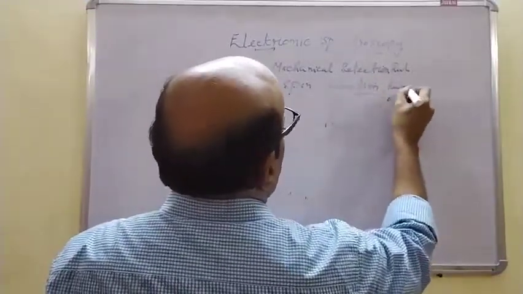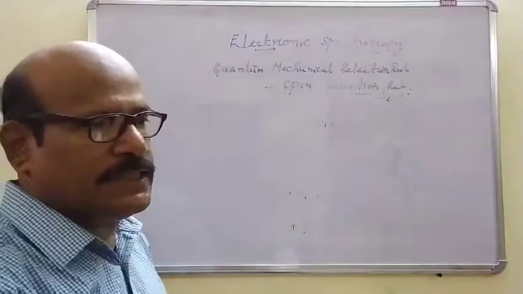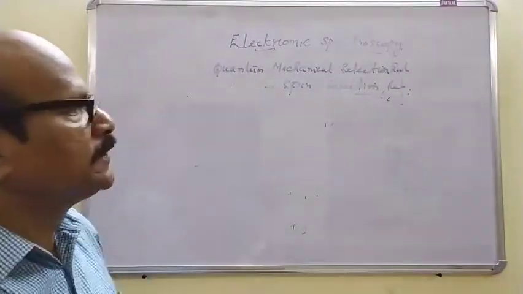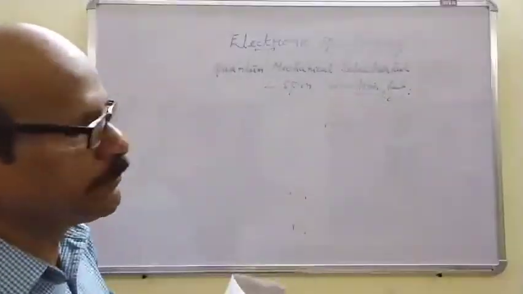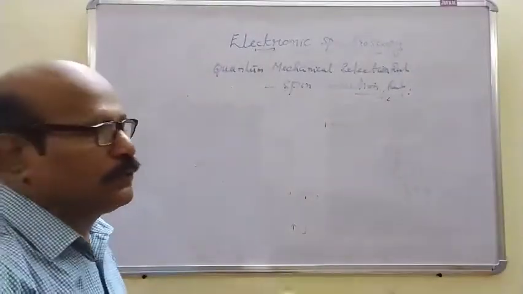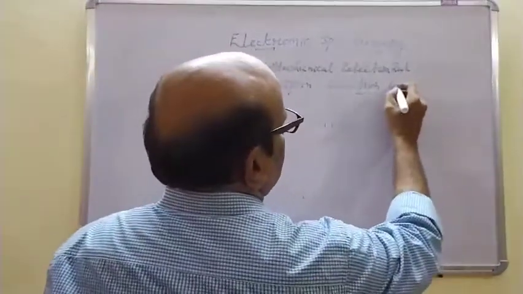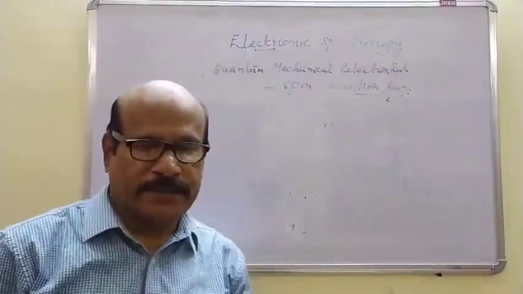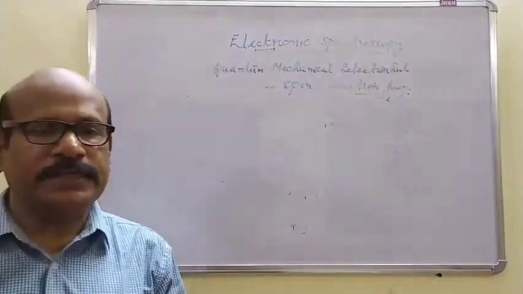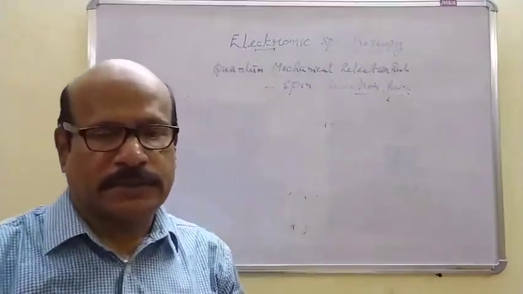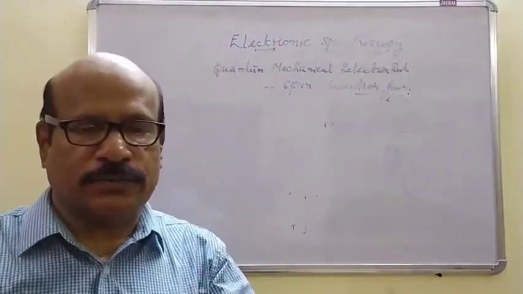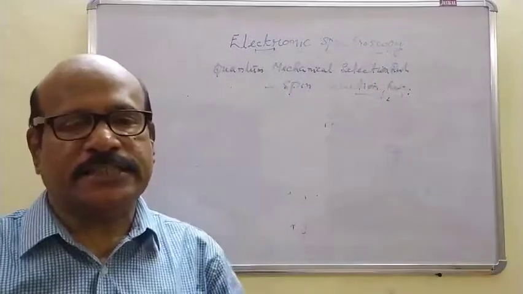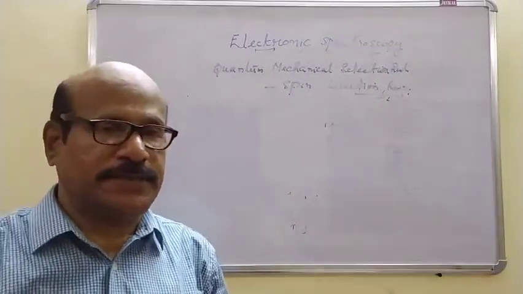Electronic spectroscopy is governed by the spin selection rule, a quantum mechanical selection rule, which says that a transition between any two electronic levels is allowed if delta S is equal to 0, that is, there is no change in their multiplicity.